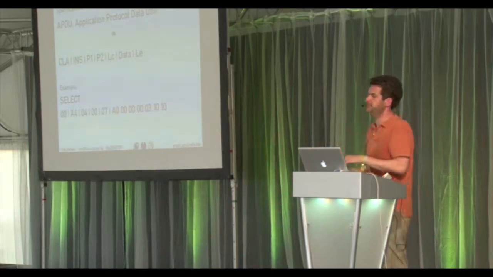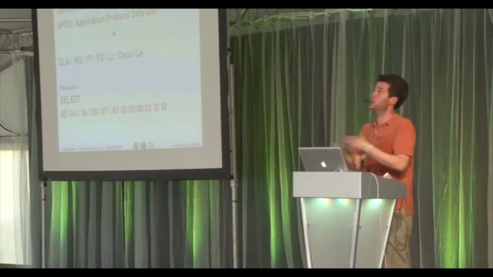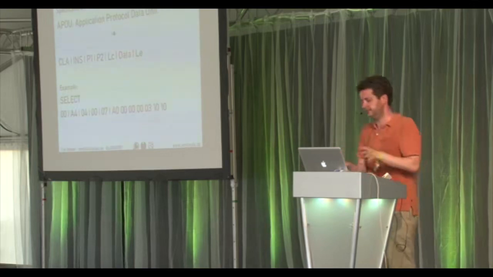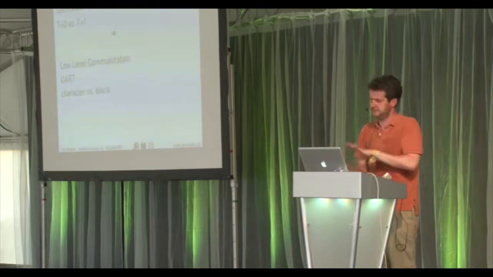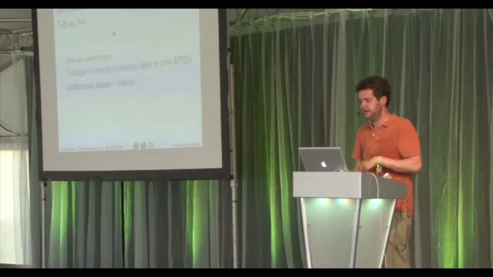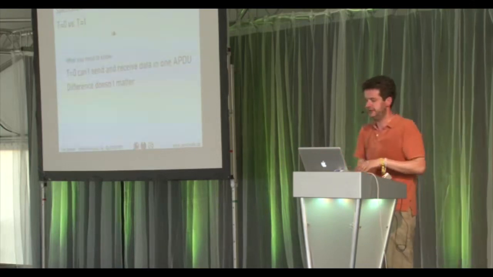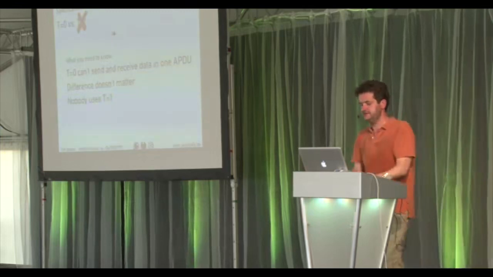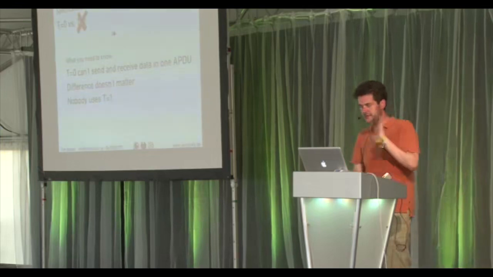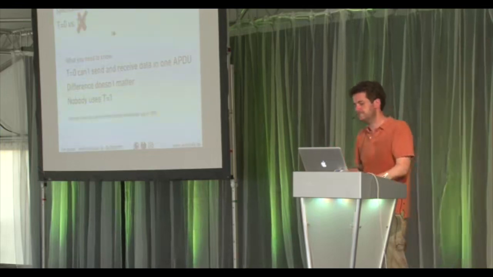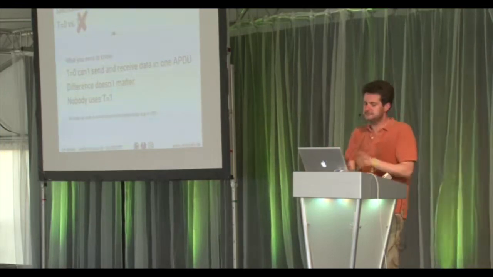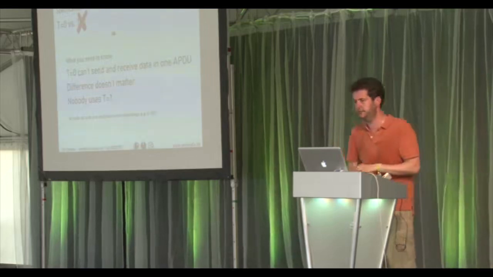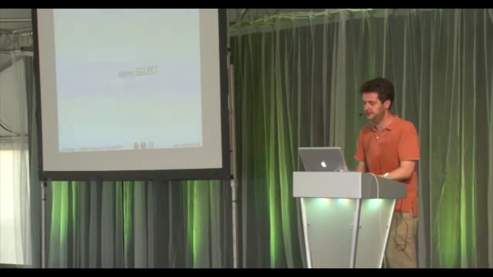So you have to leave out the LE byte, and then the card will say, oh, I have data to send you back, and then you have to send a second command to get the data back. Those are details, which are important once you get started, but that's the only difference that you really have to deal with between T1 and T0. The first time I did this talk, I said nobody uses T1, at least for EMV cards. Turns out it's used a little bit, and there are some subtle bugs that go along with this T0 and T1 thing, but we can talk about that later.